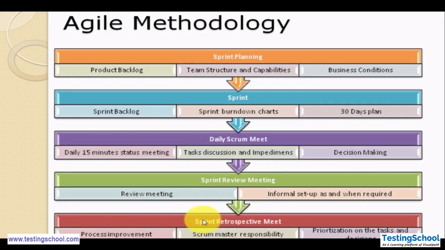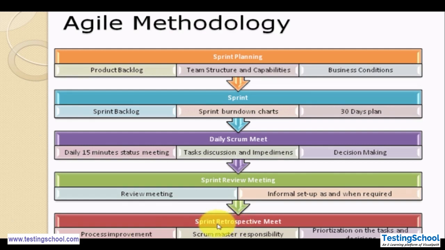And at the last, we have the sprint retrospective. What is retrospective? This is a process improvement, the Scrum Master's responsibility, and prioritizing the tasks and decisions. Process improvement means what went well, what went wrong, and how we can improve our sprint.